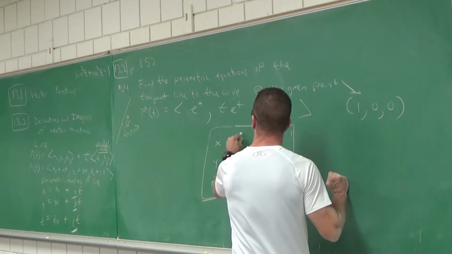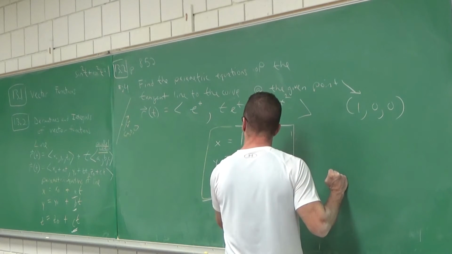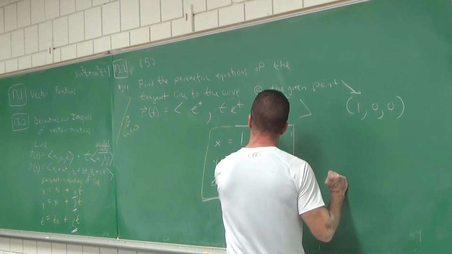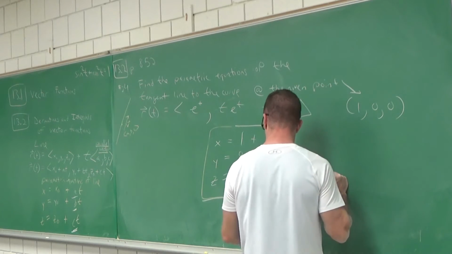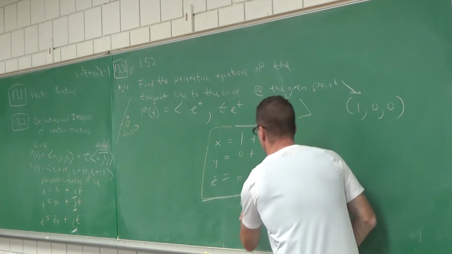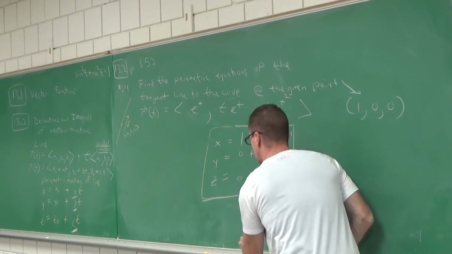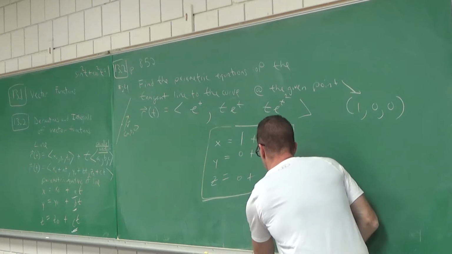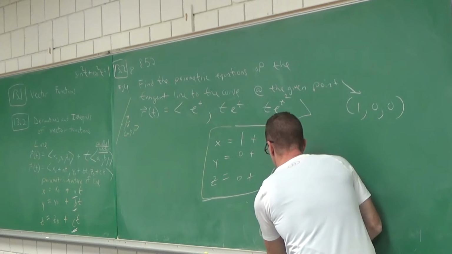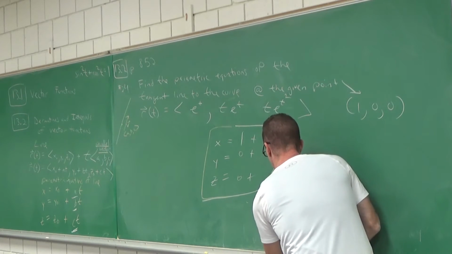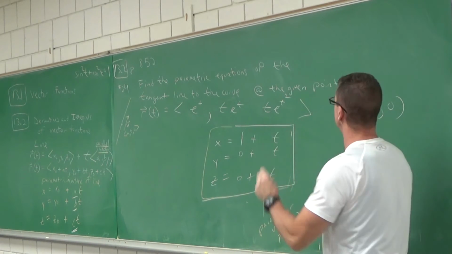One, 0, 0, plus t. And what do I need here? Parallel vector. R prime of what? What's the missing t value here?